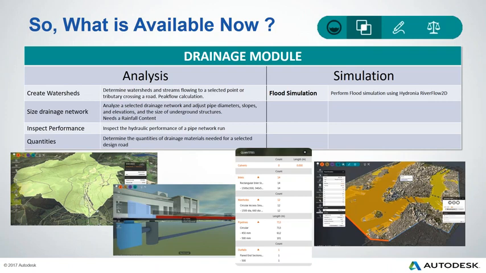We're able to analyze a selected drainage network, create it, adjust the pipe, slopes and elevations, as well as the underground structures, whether they are inlets or manholes, and definitely inspect the performance of those pipes, see if there are any pipes that are surcharged, we need to modify them. Ask InfraWorks to automatically size the network to allow for this flow, and report on the quantities as well. And from the simulation side, we're able to run this flood simulation as we've seen in the latest couple of videos.